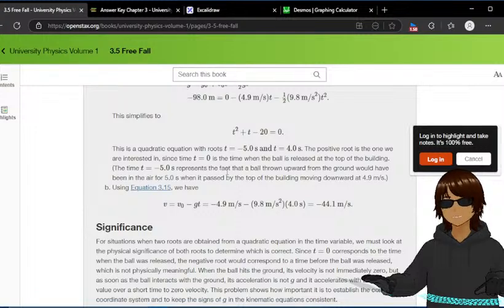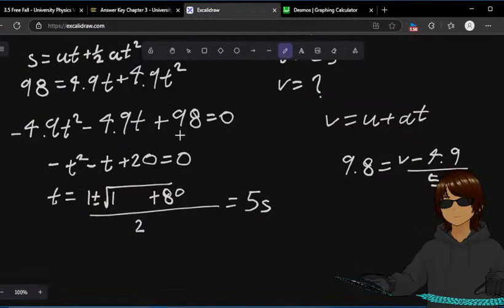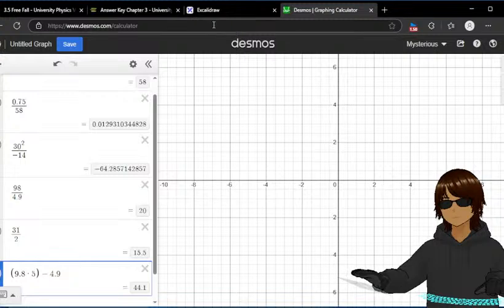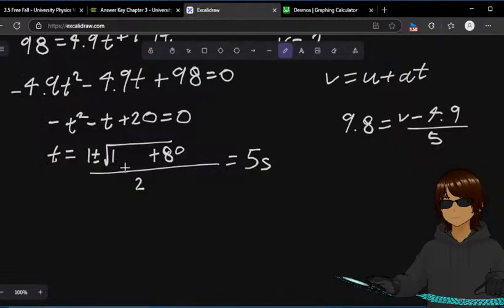Why is it 4 seconds? Hold on. 1 plus 80 is 81, then we have plus minus 9.